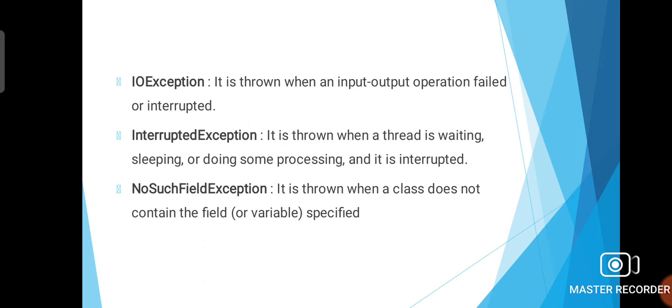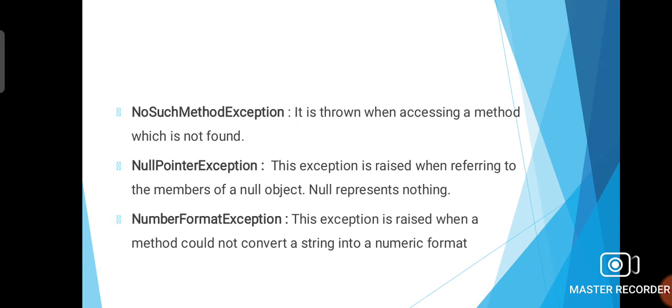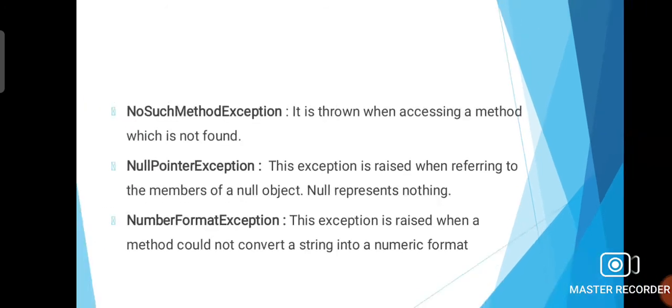If the variable or field is not available in a particular class, that error situation will be handled with the help of NoSuchFieldException. NoSuchMethodException. If a method is not accessible or not found under a class, that error situation will be handled with the help of NoSuchMethodException.